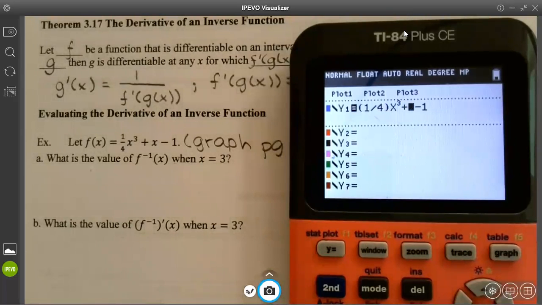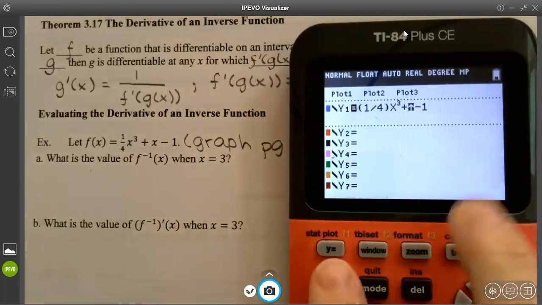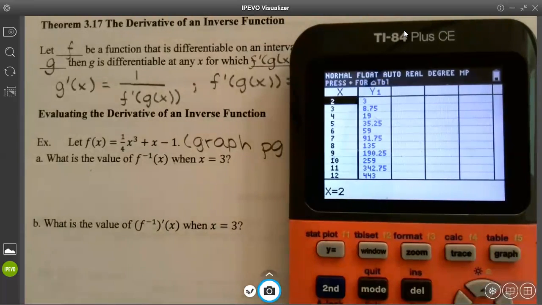I want to make sure I didn't even write the whole function wrong. Oh no, I'm just looking at the wrong thing.